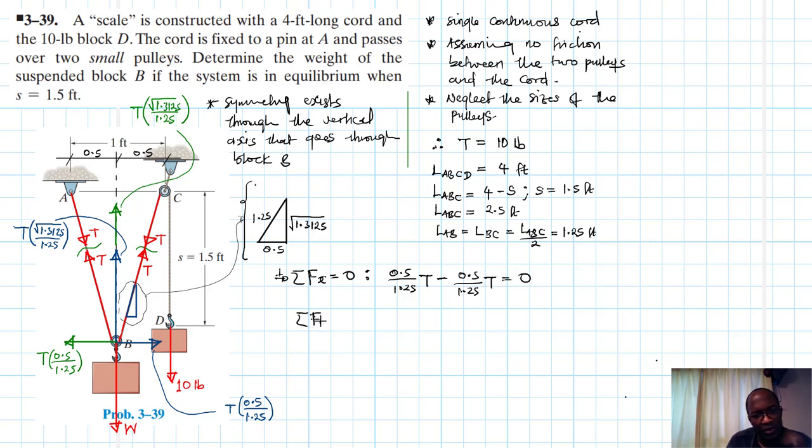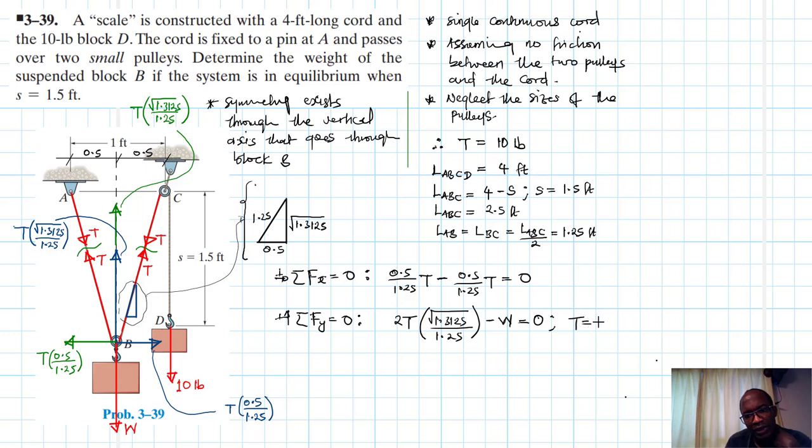Let's go to the equation that is going to give us everything. All right, so we have two T's, so we'll say 2 times T times root of 1.3125 divided by 1.25 minus W equal to 0.